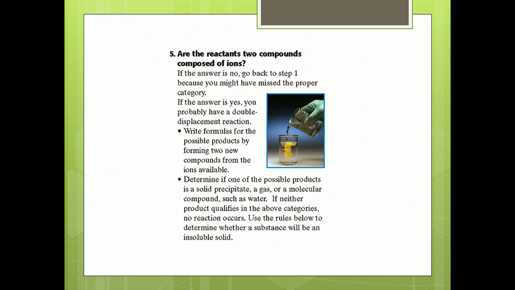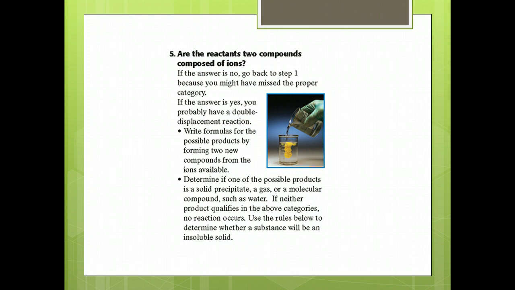Step 5. Are the reactants two compounds composed of ions? If the answer is no, start over. You've made a mistake. If the answer is yes, you probably have a double displacement reaction. Write the formulas for the possible products by forming two new compounds from the ions available.